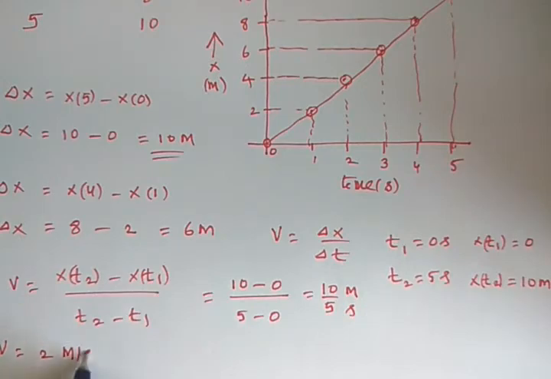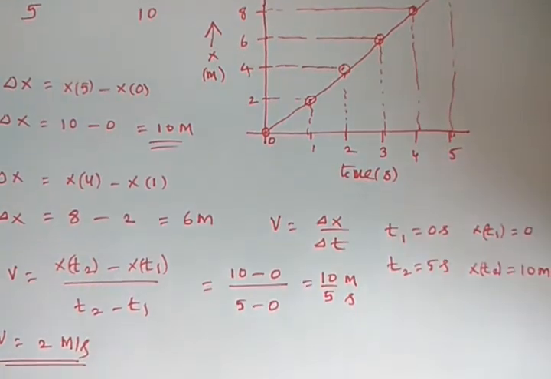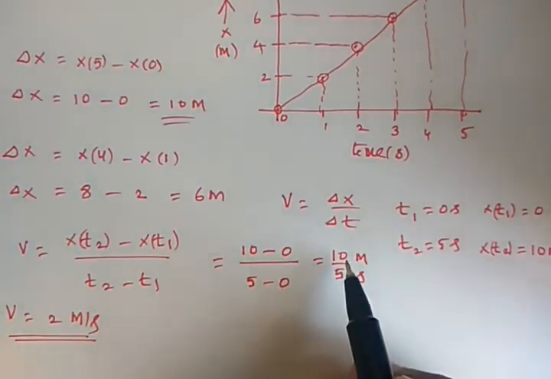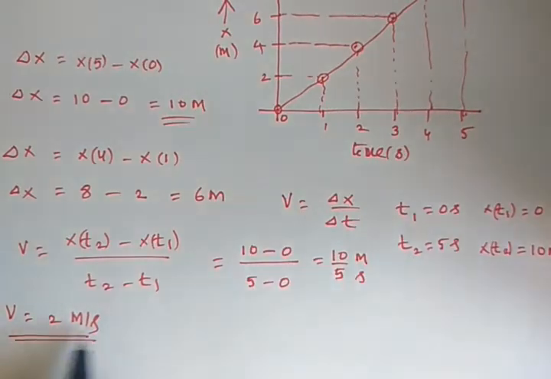So 2 meters per second is the velocity of the body.